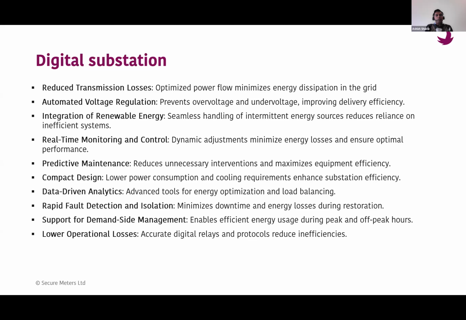Predictive maintenance, I will give you a very good example in the upcoming slide about the big transformer, of how we can do predictive maintenance using that. Compact design, as I told you, because it doesn't require copper now going from the switchyard to the control room. This also helps to reduce the installation time, because now you don't have to lay out a lot of copper wire, but rather put two devices and just put an optical fiber cable to connect the switchyard to the control room.